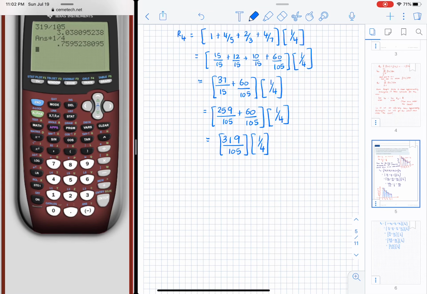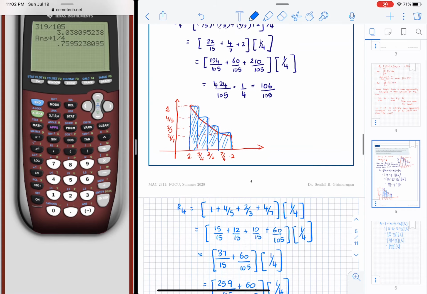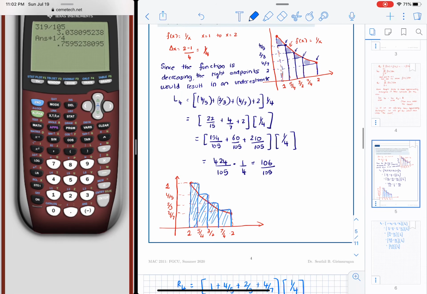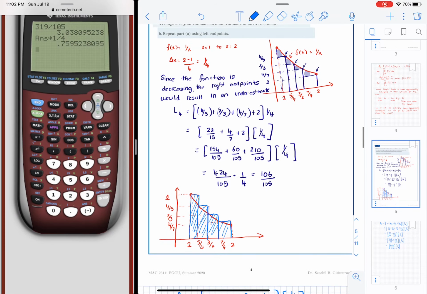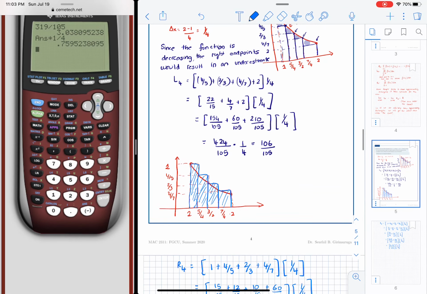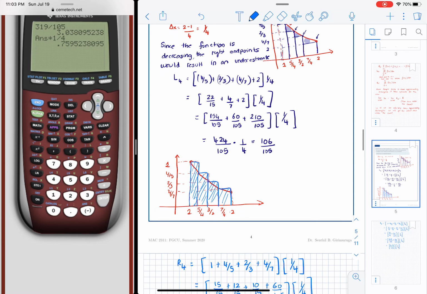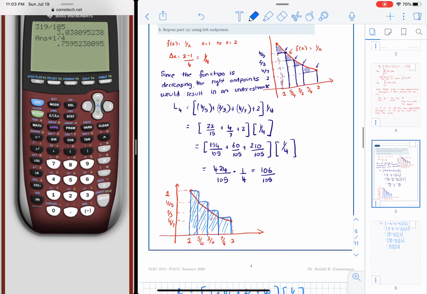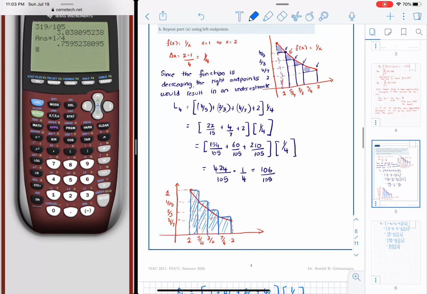That gives a value of 0.7595. I forgot to include that point over there.